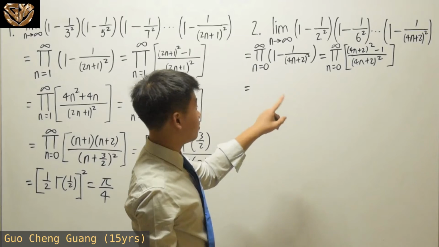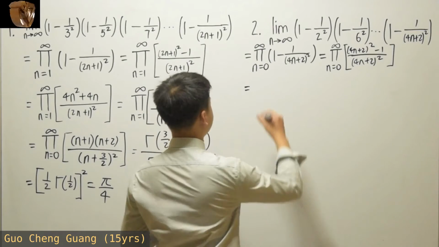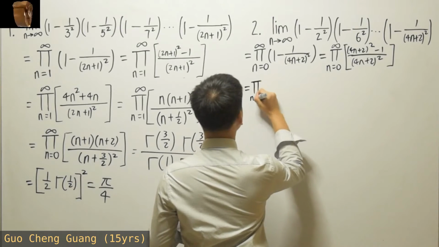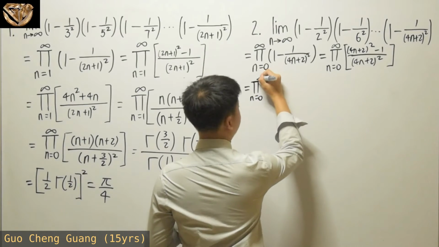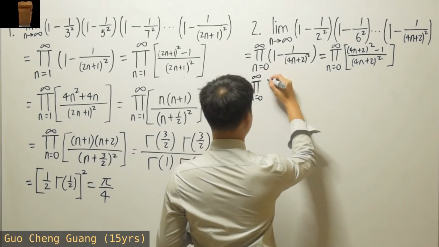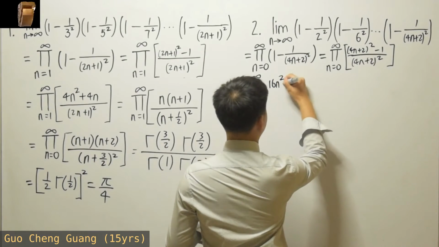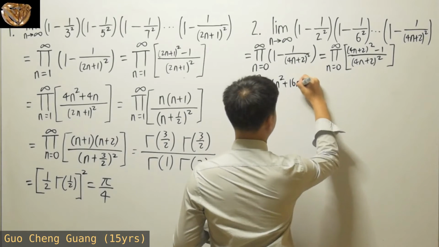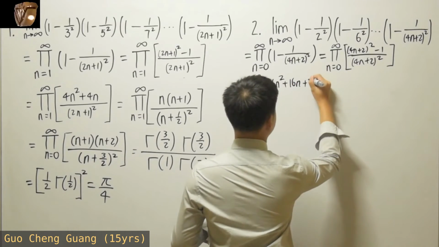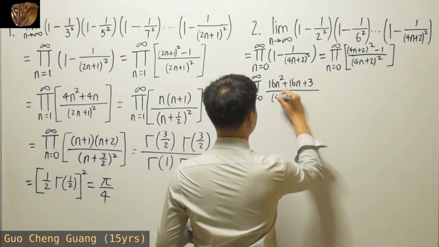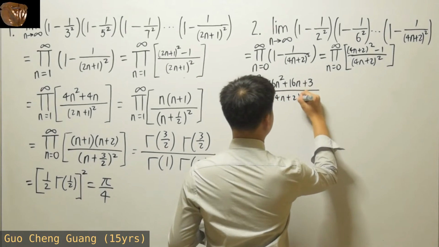So that part in the numerator, we can expand it. Pi notation, from 0 to infinity, and in the numerator you're going to see 16n squared plus 16n plus 4 minus 1, which is 3, and then over (4n plus 2) squared.